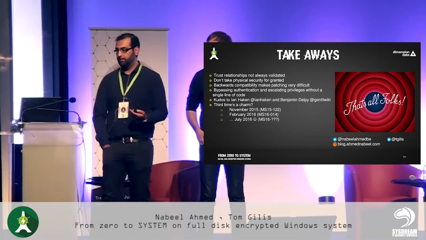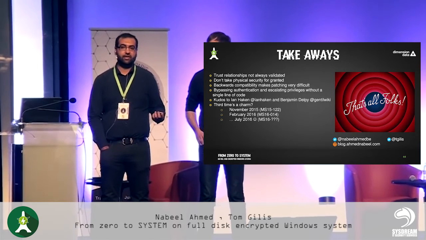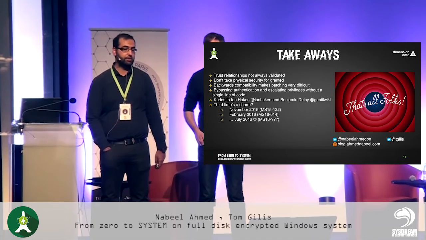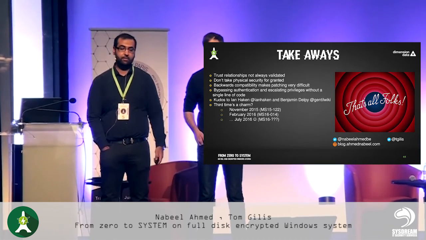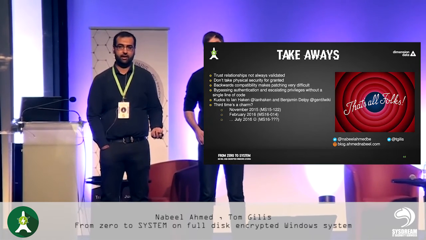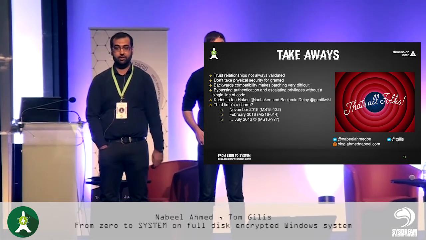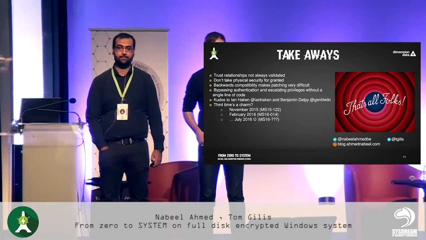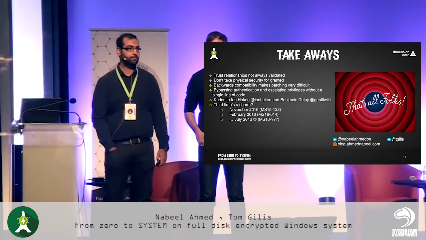I think we're using basic Windows functionality as it was intended. We are not using any buffer overflows or any kind of exploit techniques to actually trigger something. It's pure functional Windows functionality that can be abused in malicious ways. Okay, thank you.